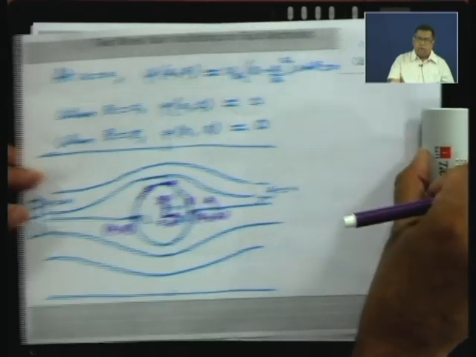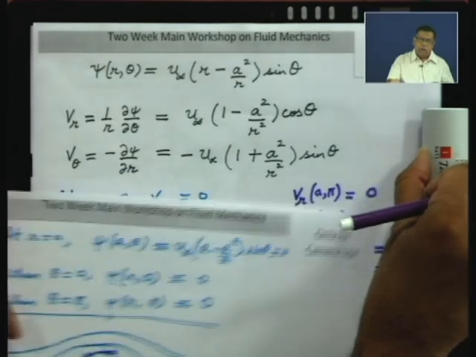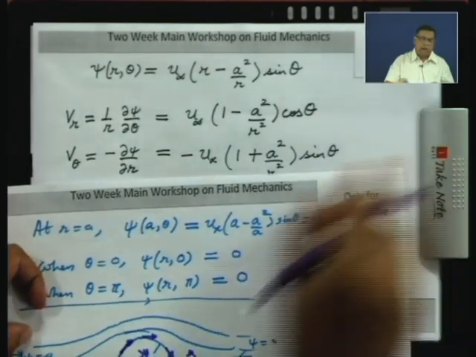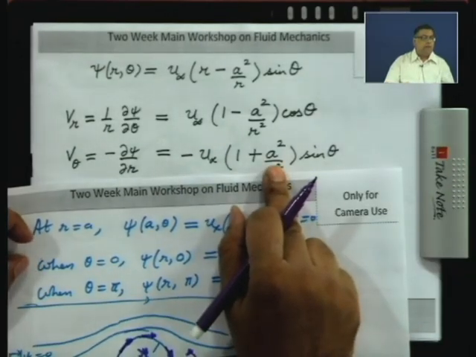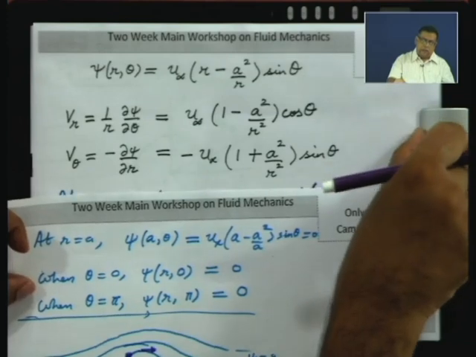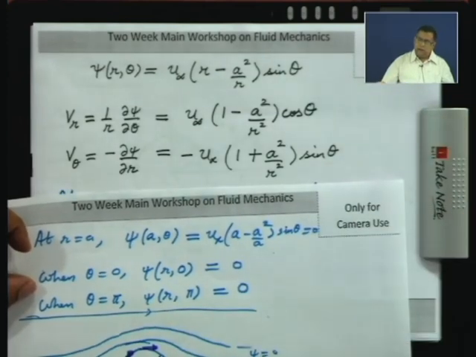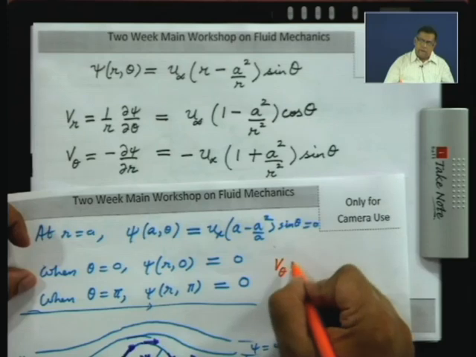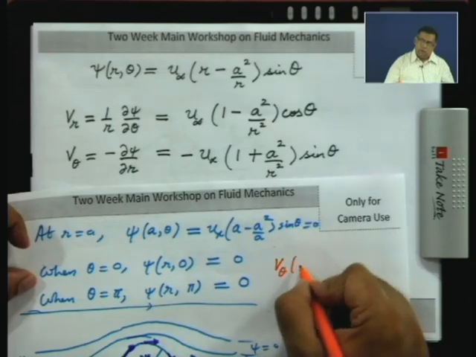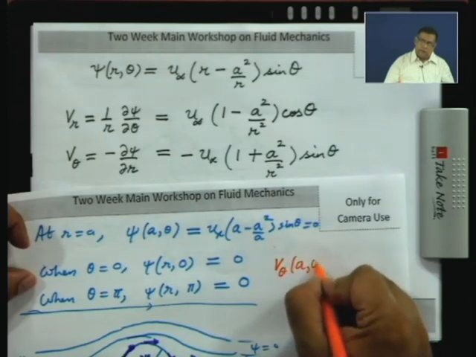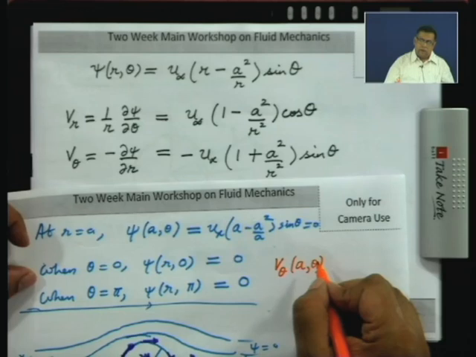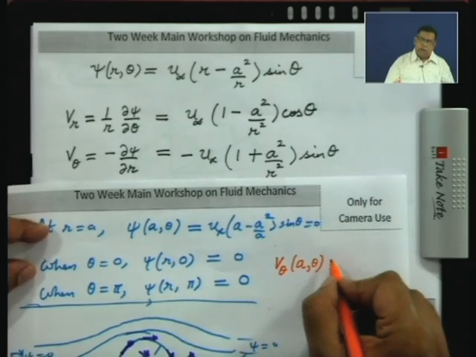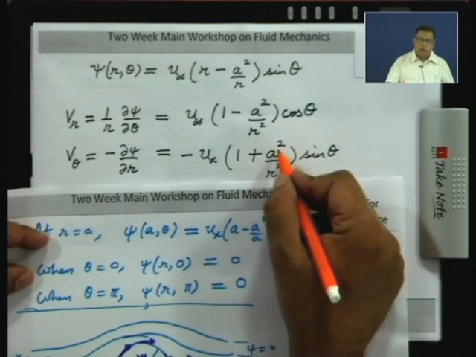Now, what we want then is to look at this expression and find V theta when r equal to a. So, you see that V theta of a comma theta will be, if I put r equal to a, this is a square by a square.